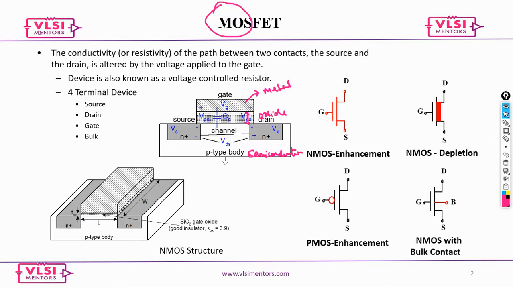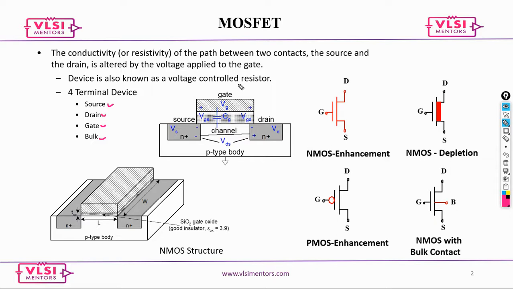Now the name says clearly metal oxide semiconductor. Any MOSFET that you take would have four different pins: source, drain, gate, and bulk. There are always four pins.